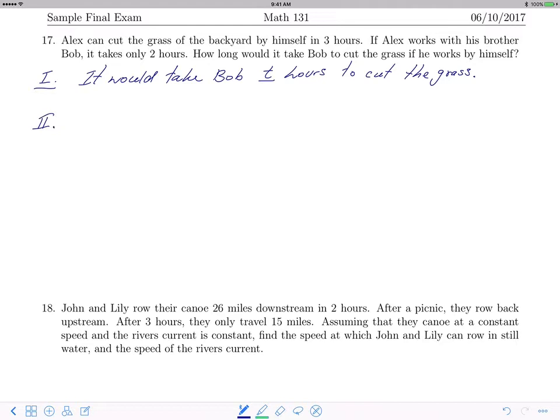In preparation for writing the equation, let's make a table. So in this table, we have Alex, we have Bob, and then we have them working together. In the first column, we're going to put the time it takes to complete the job.